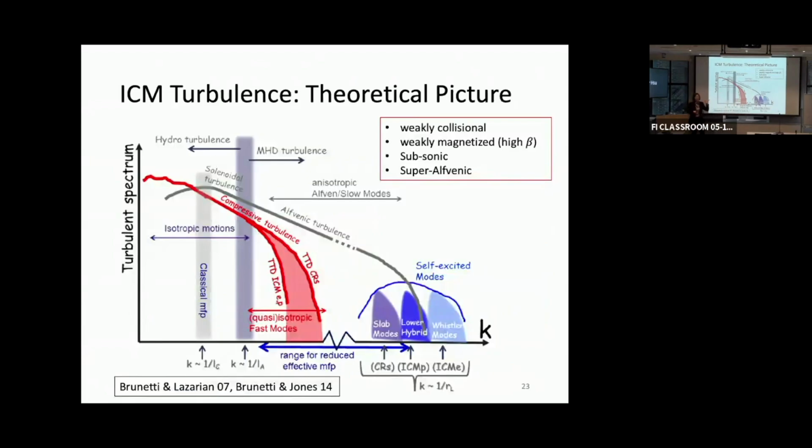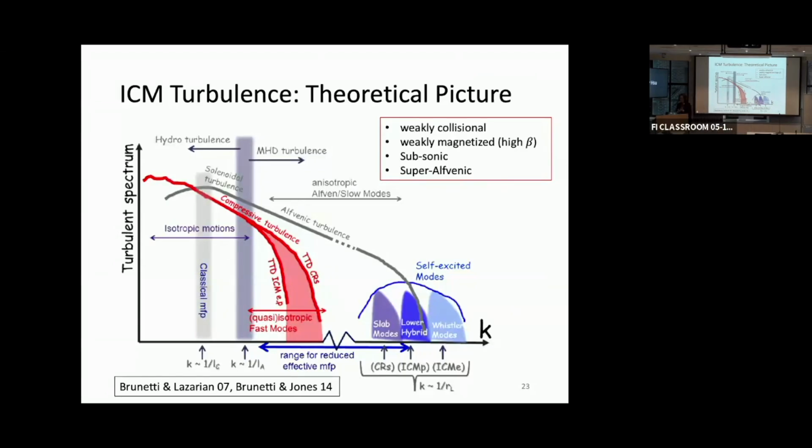I'm not going to explain all of these lines. This is the theoretical expectation of what the cascade of turbulence might look like in this plasma. I'll just briefly mention that if we think this plasma behaves somewhat similar to the solar wind plasma, then we might see a difference in the cascade and dissipation of different MHD modes. The more compressive modes should dissipate more quickly on larger scales, like this one. And on smaller scales, maybe we should only be looking at mostly Alfvénic turbulence.